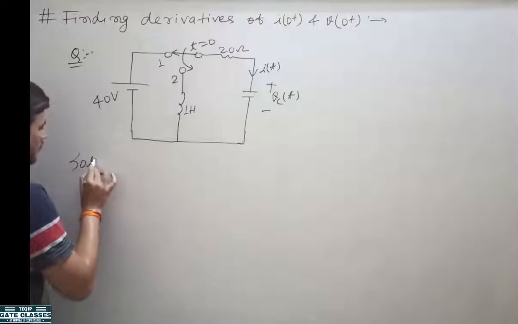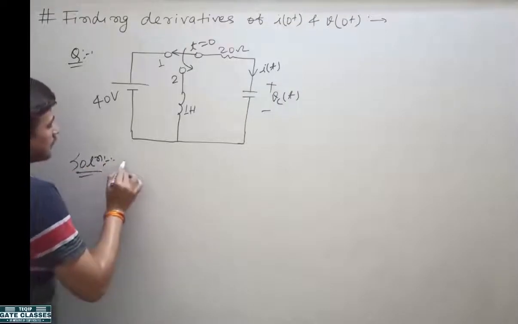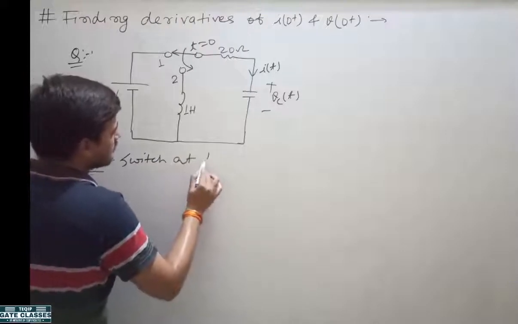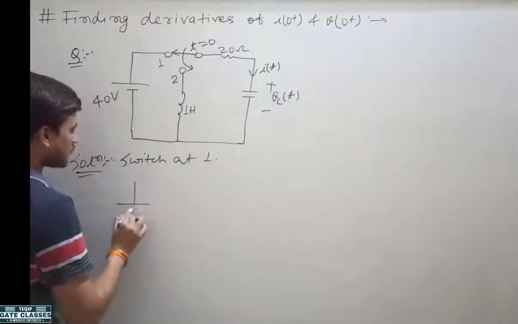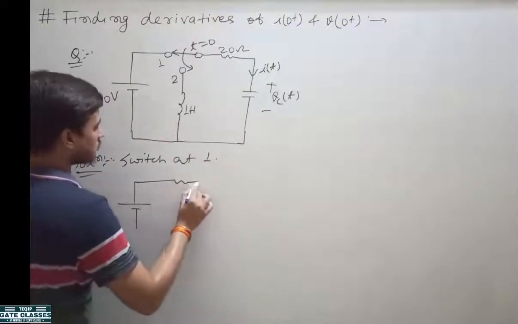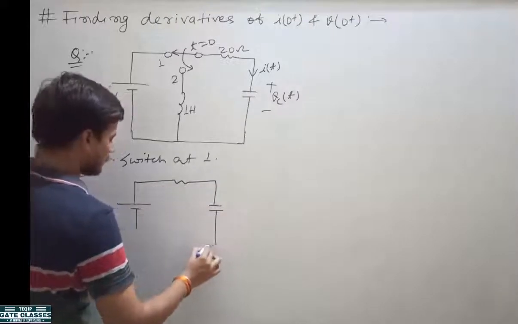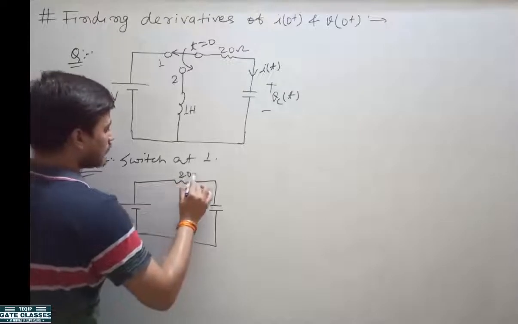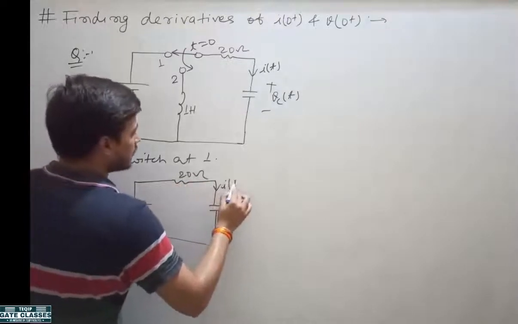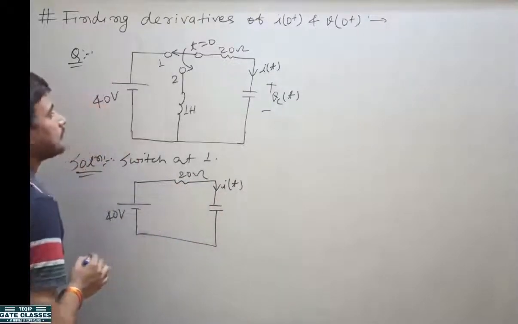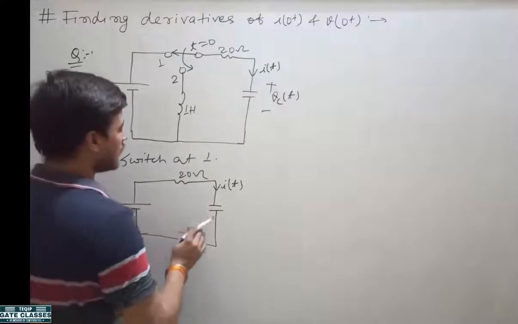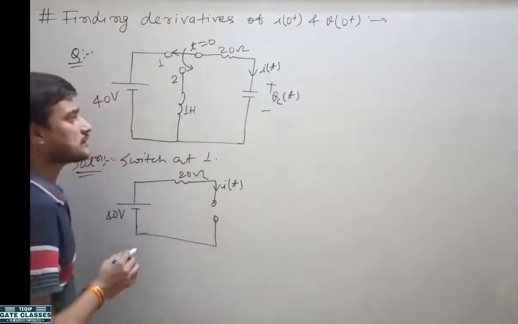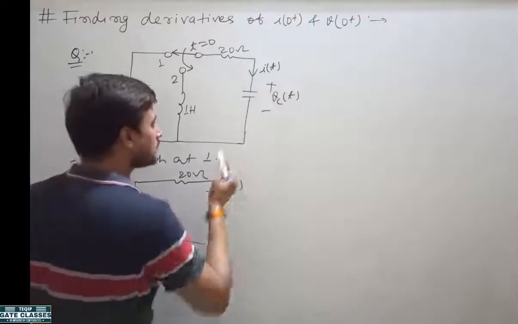Solution. First draw the circuit when the switch is at position 1. When the switch was at position 1, the circuit was like this. This is 40 volt, this is 20 ohm, this is i t. And here it was open circuited, because it was there for a long time and it is a capacitor.